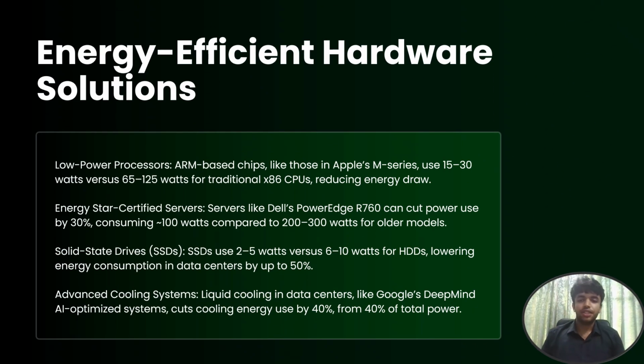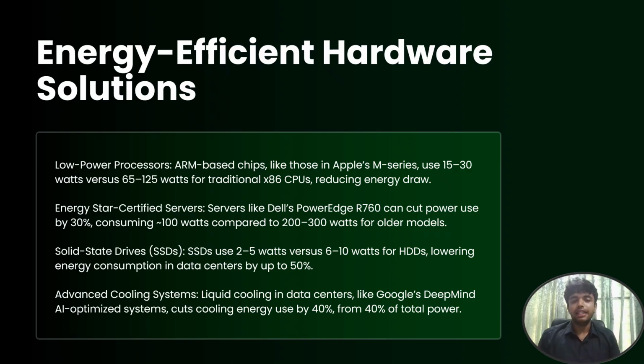So what are some of the energy efficient hardware solutions? We can use low power processors like Apple's ARM based M series processors, which consume around 15 to 30 watts as compared to the traditional 65 to 125 watts. We can use Energy Star certified servers, which consume around 100 watts as compared to older counterparts, which use around 200 to 300 watts.